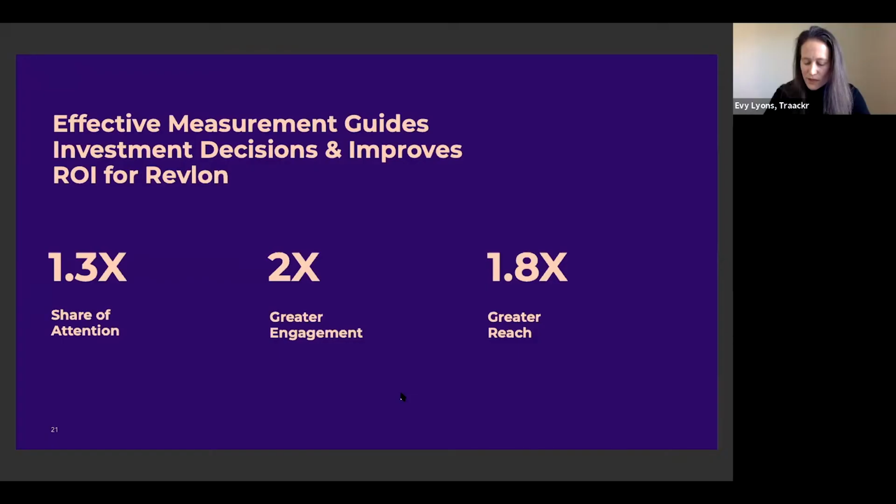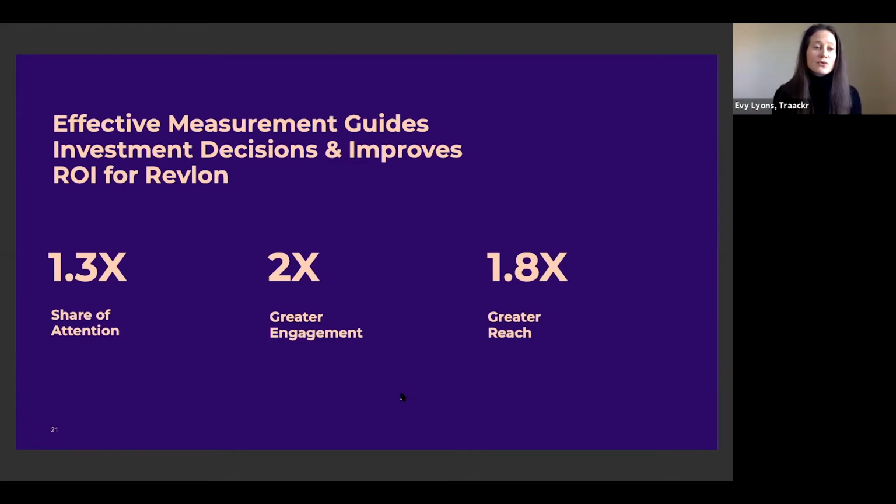And you have increased your share of attention, and we'll talk about what that means in a second, by 1.3X, 130%. You've 2X'd your engagement level and 1.8X on your reach. And this is across all Revlon brands and activations.